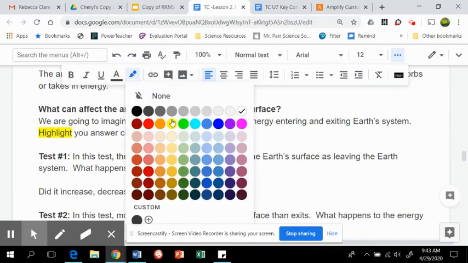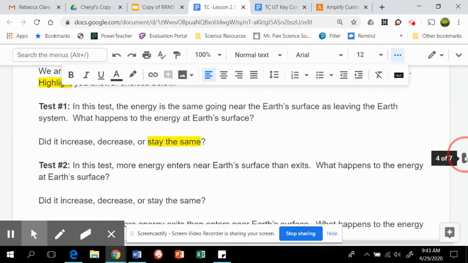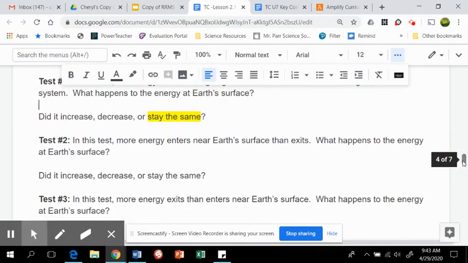So we're going to highlight stays the same in yellow. Okay, test number 2. In this test, which you're imagining, more energy enters near Earth's surface than exits. What happens to the energy at Earth's surface? So the Earth's surface is absorbing more energy, so it's going to increase.